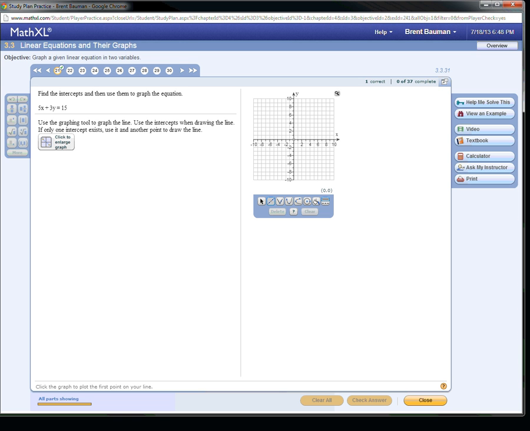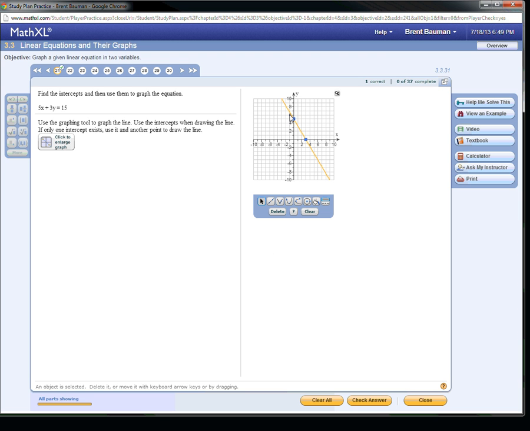We're going to go over to the right 3. That's our first point. Our second point was at 0, up 5. So we're going to click at 0, 5. Notice that below the graph on the right it tells me 0, 5, so it tells us the point.